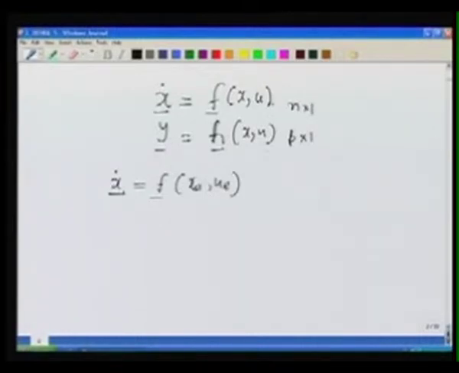Say this is my point, around this point I want to expand this function, then I can write del f by del x delta x plus del f by del u delta u. So, this is first order expansion and some higher order terms.